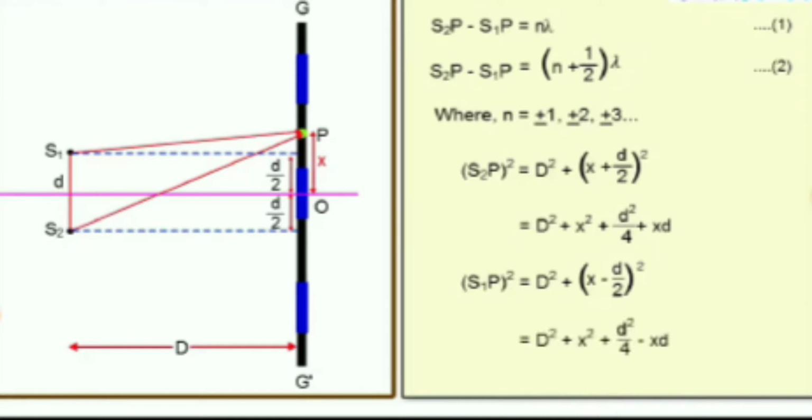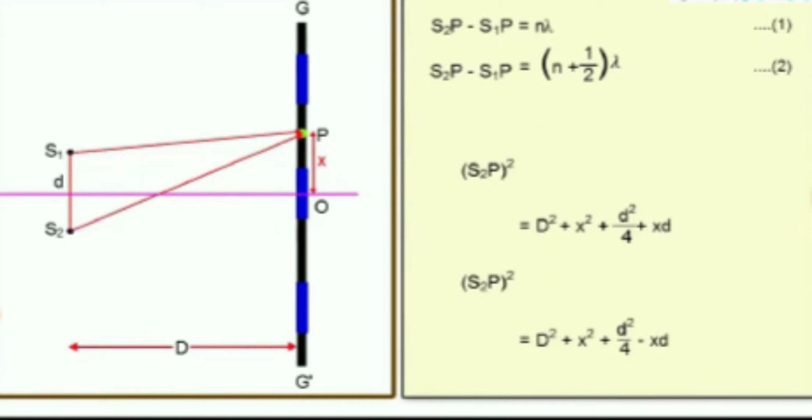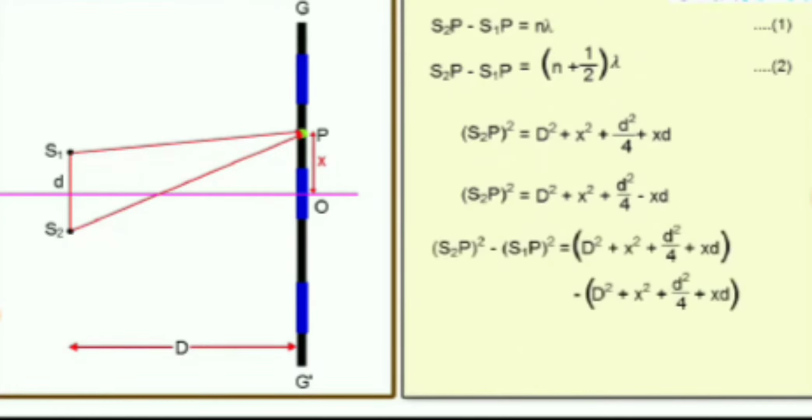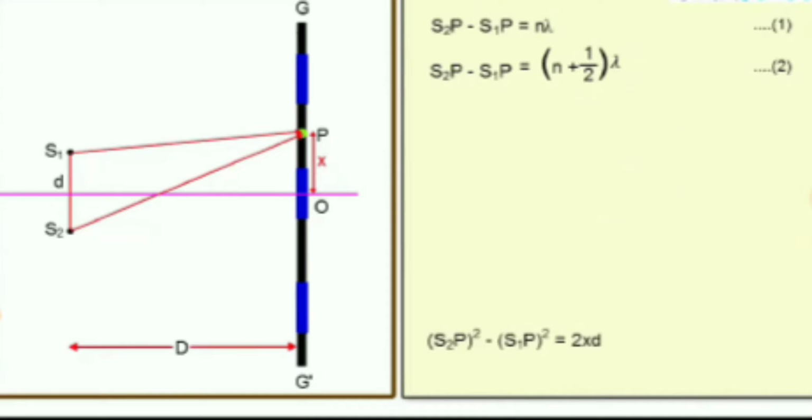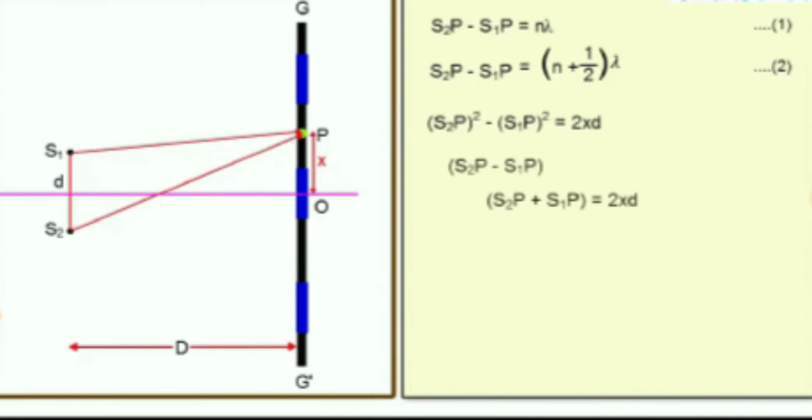This is equal to D squared plus x squared plus d squared by 4 minus xd. Therefore, S2P squared minus S1P squared is equal to 2xd. This equation can also be written as S2P minus S1P is equal to 2xd by (S2P plus S1P).